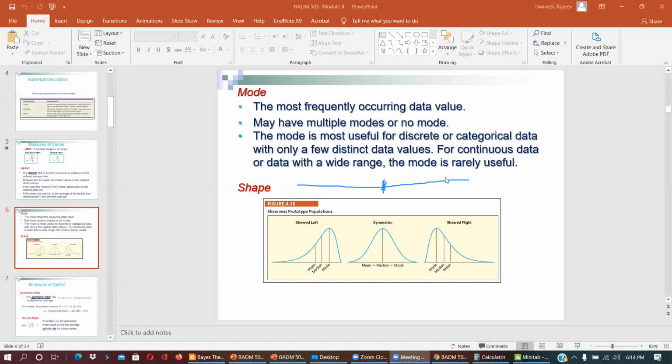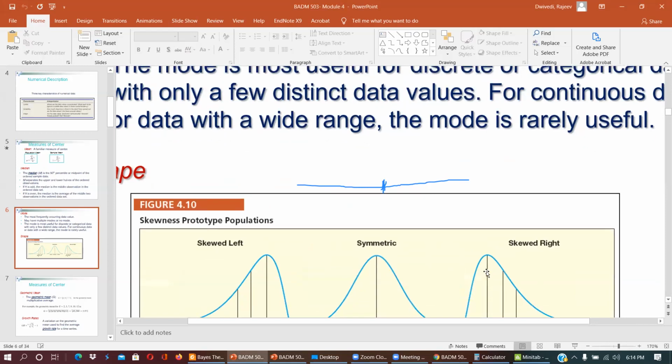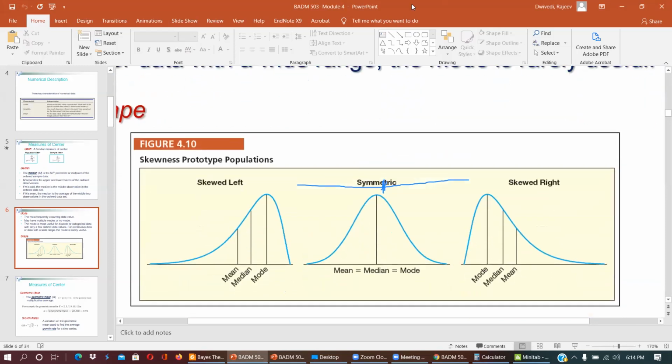So now look into the very important part here. Think about this. When mean equals mode equals median, that is a very ideal situation. This means you will get an identical, symmetric, normal distribution.